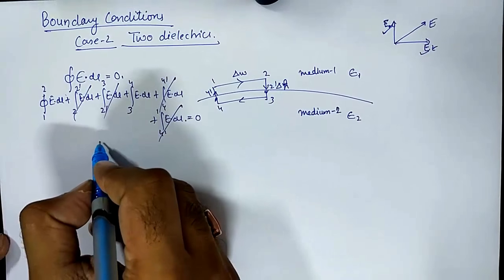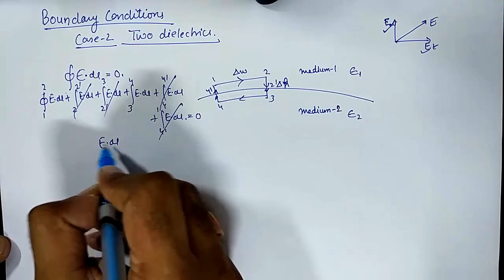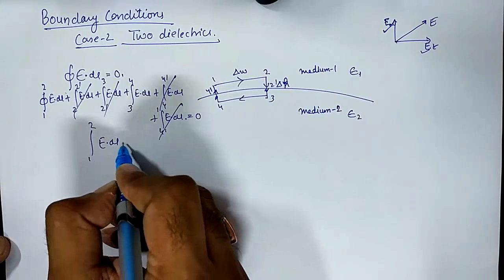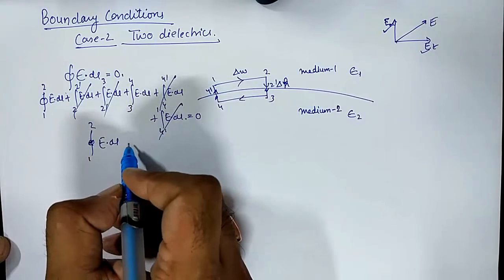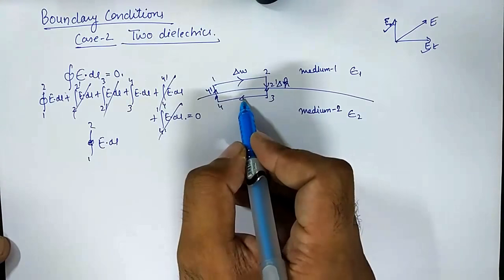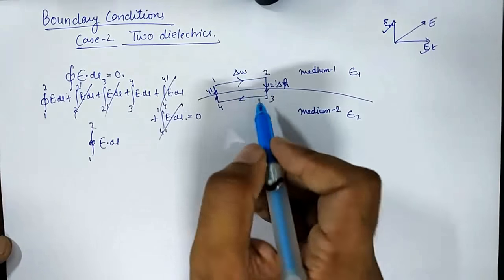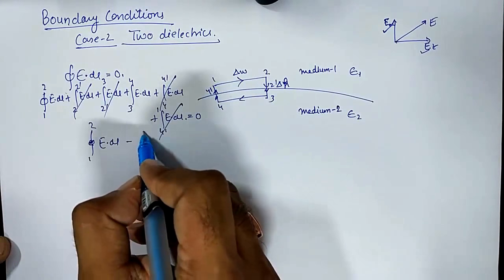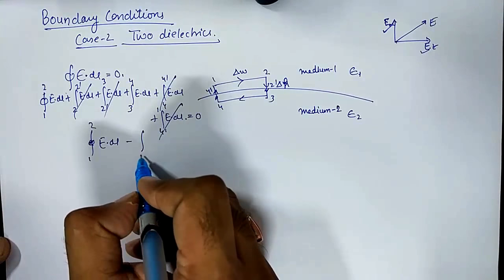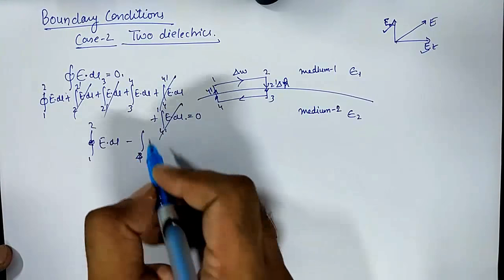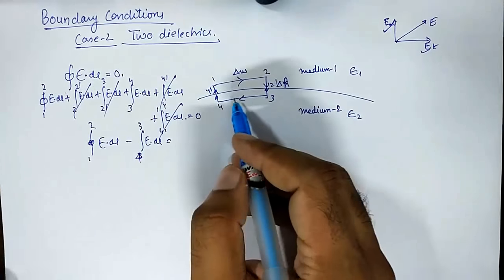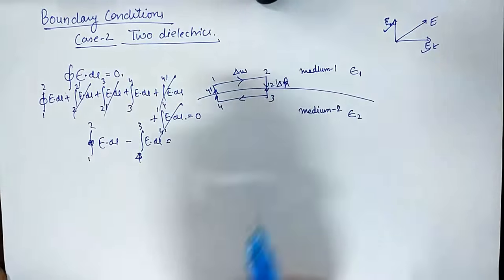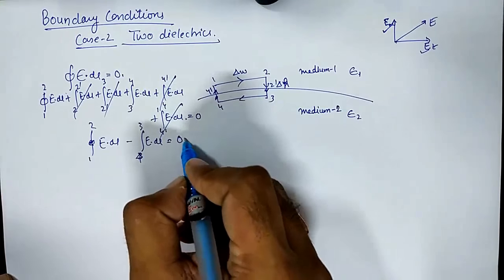So what we're left with is E dot dl from 1 to 2, and if I were to keep them in the same direction, I'll put a negative sign from 3 to 4, so 4 to 3, E dot dl. It is very important to find the tangential component in the same direction for both the media. They become equivalent to 0.